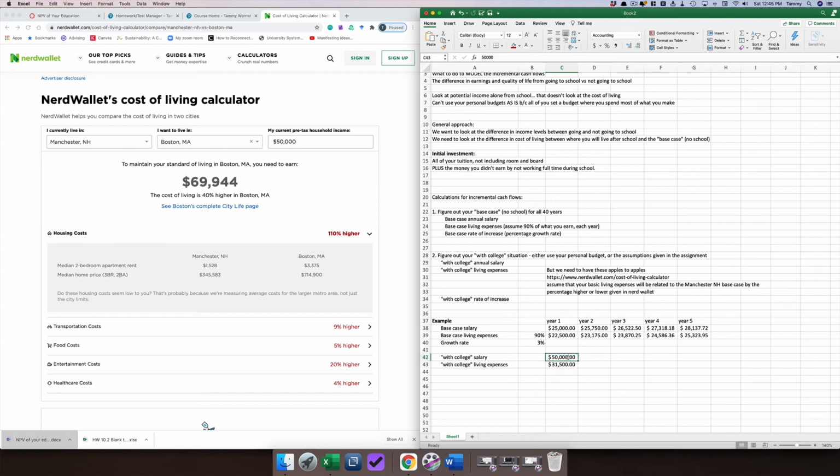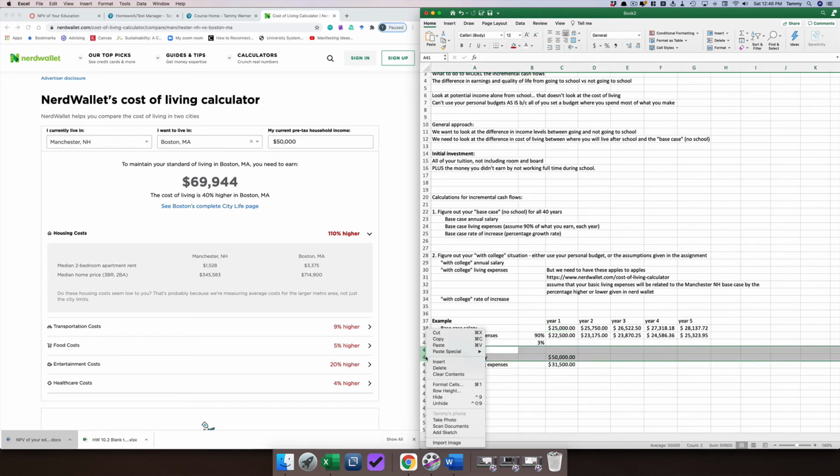All right, we're still going to have additional free cash flow at the end of the year, but it's not going to be the difference between 50 and 25. It's going to be the difference between our base case salary and our with college salary. As a matter of fact, you know what?